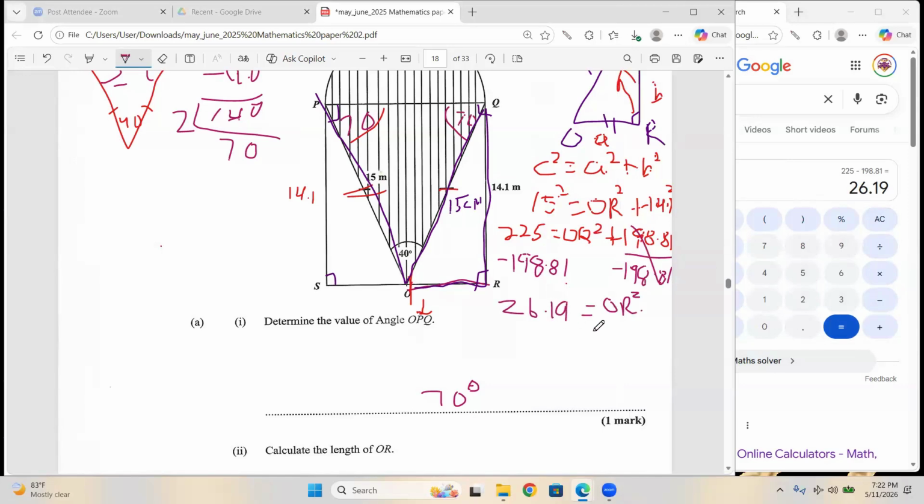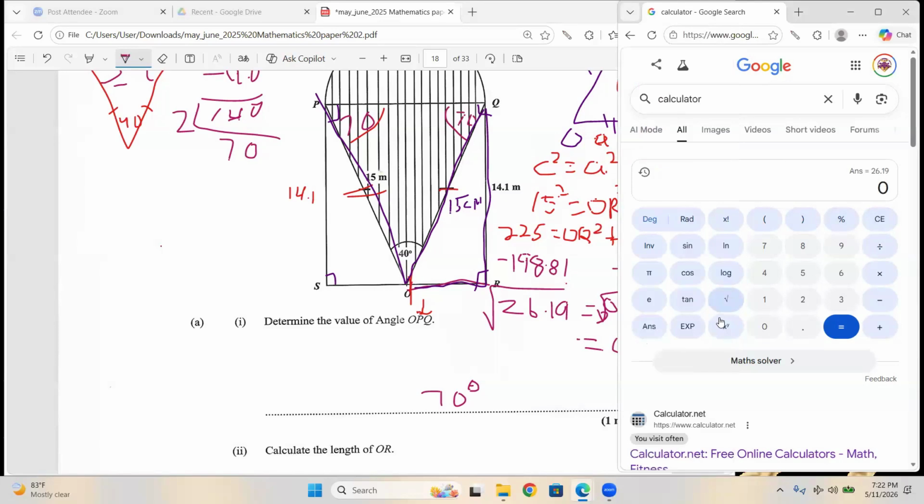And because we have a power here, we need to find the square root to get rid of that power. Find the square root on both sides so the equation remains equal and balanced. So this will become OR is equal to the square root of 26.19.